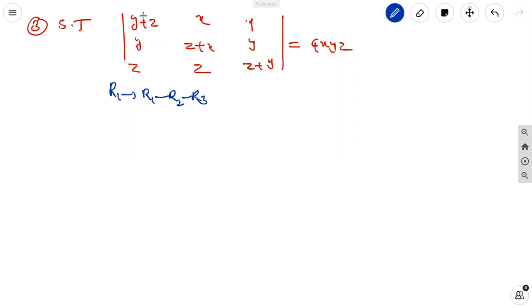If one row value is 0, we can take the determinant with another two rows, AD minus BC, AD minus BC, it will be easy. At least one 0 or single terms in a 3 by 3 matrix makes the simplification of the determinant very easy. So you can reduce that way.